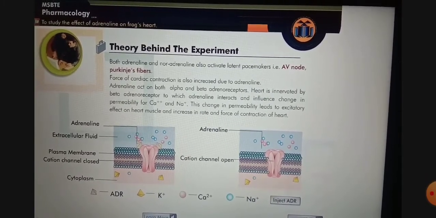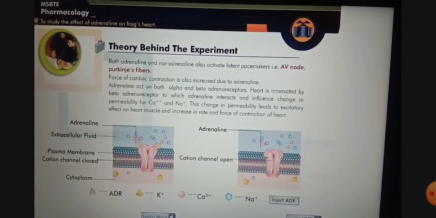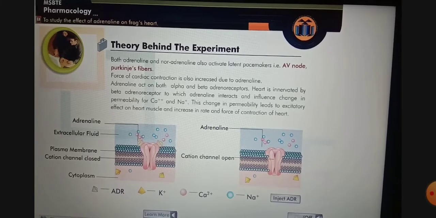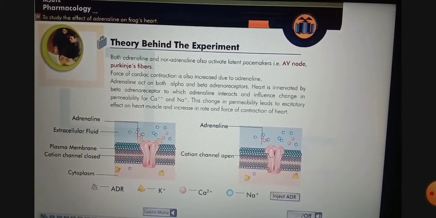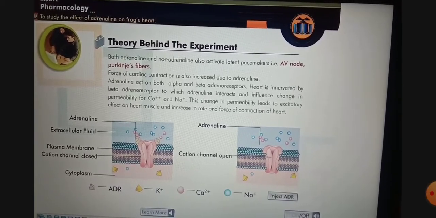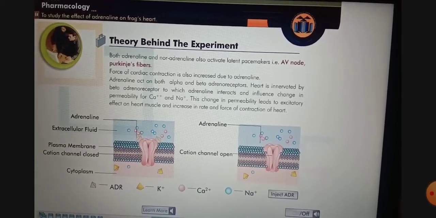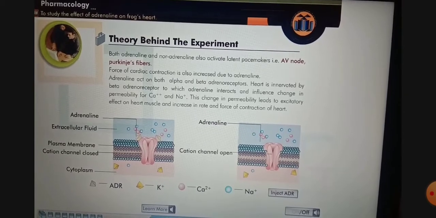Adrenaline acts on both alpha and beta adrenoreceptors. Heart is innervated by beta adrenoreceptor, with which adrenaline interacts and influences change in permeability for calcium ions and sodium ions.